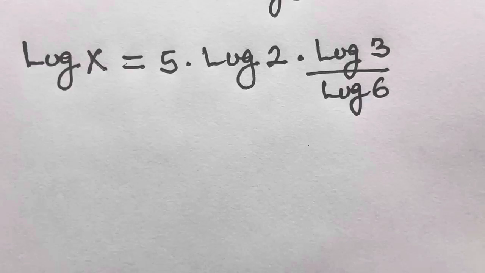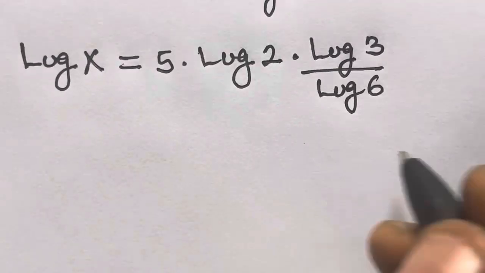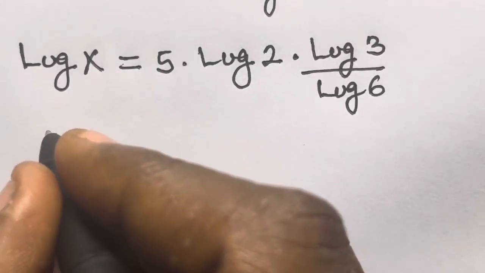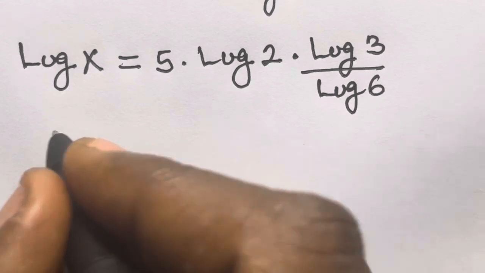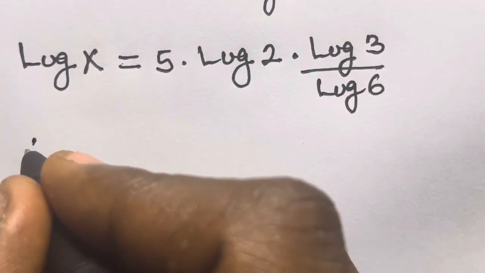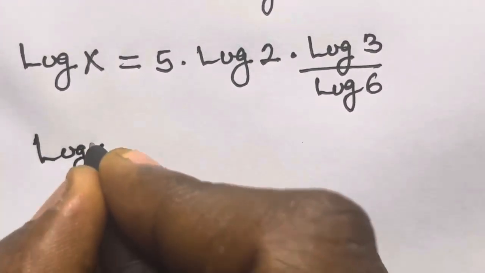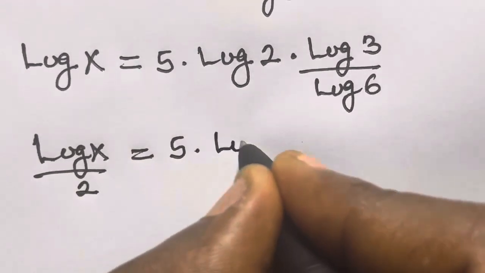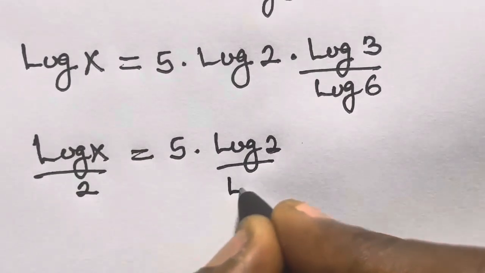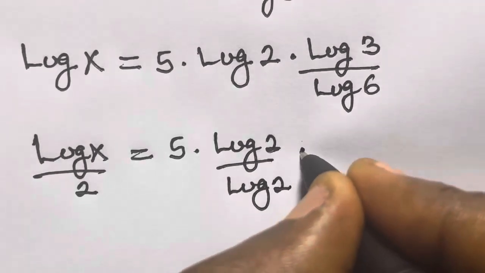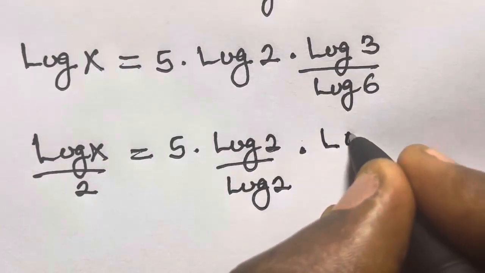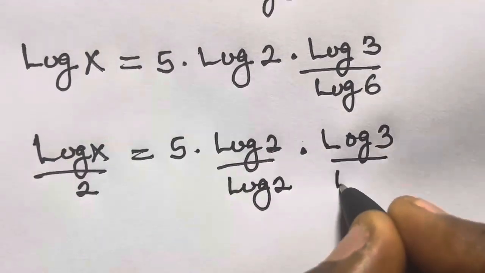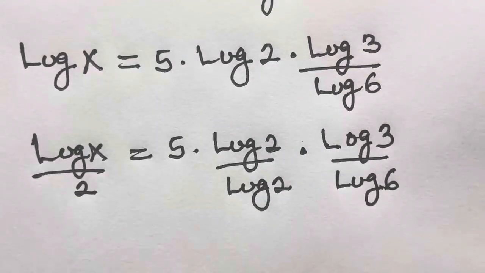When we have it like this, we divide both sides by log 2. So we have log x divided by log 2 equals 5 times log 2 divided by log 2, multiplied by log 3 divided by log 6.